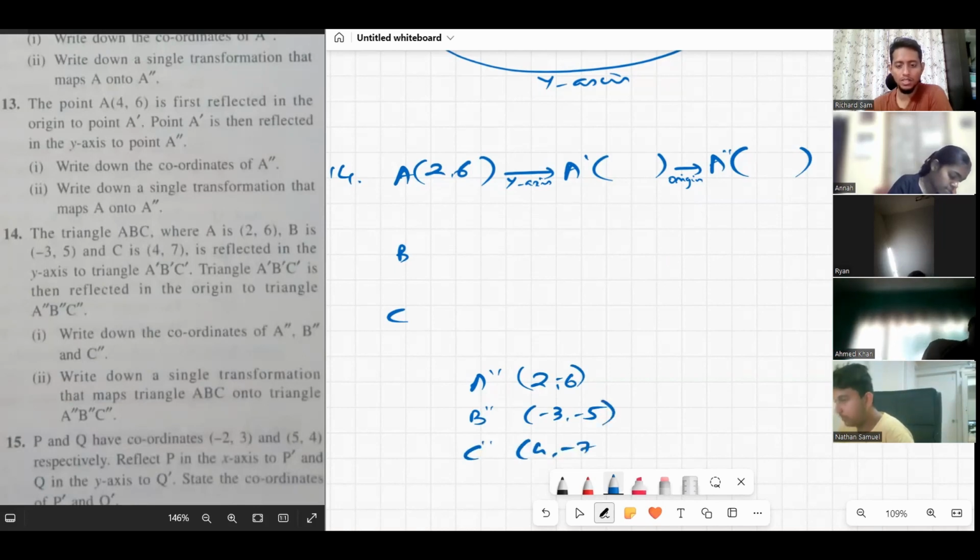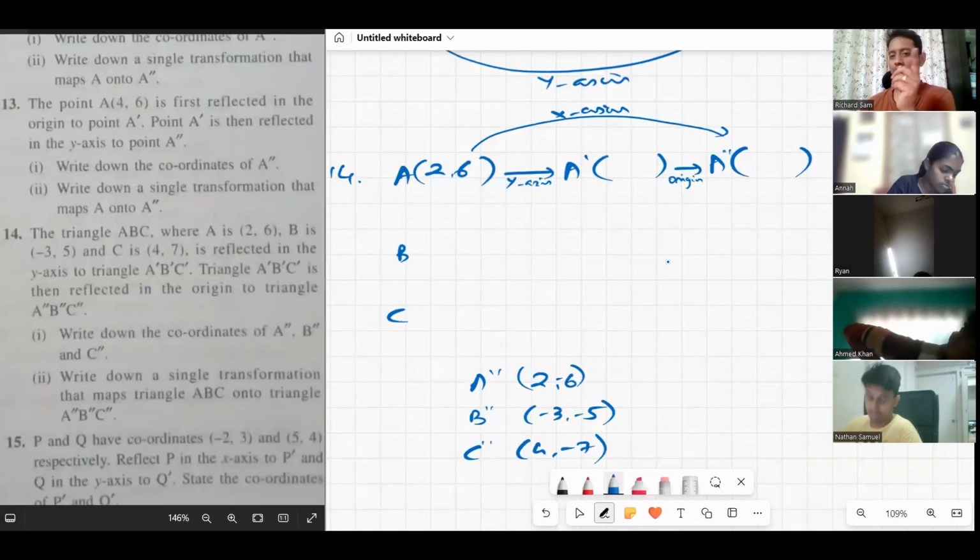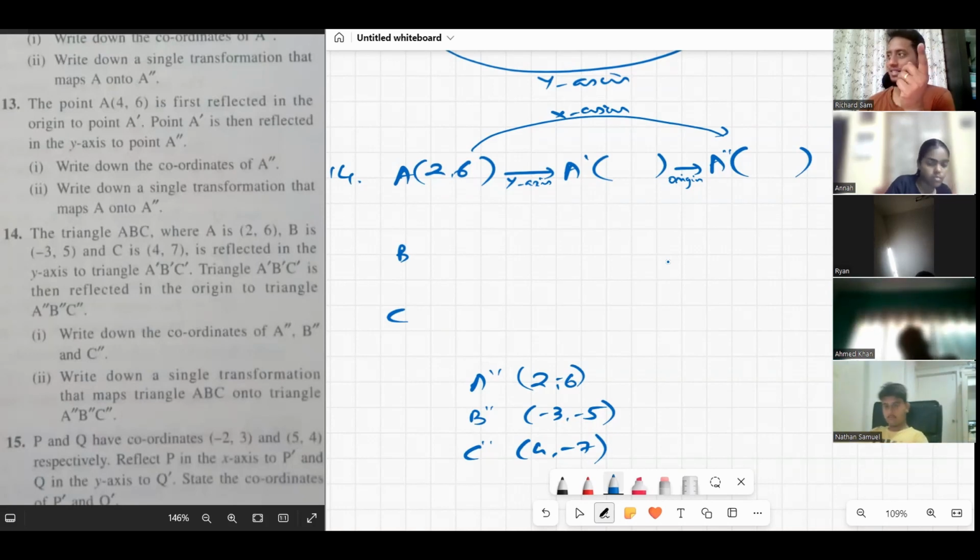Okay, so what is the single transformation that took place? X-axis. Reflection on the x-axis. See a pattern here. If the reflection is first on the y-axis and then the origin, the total reflection is on the x-axis.